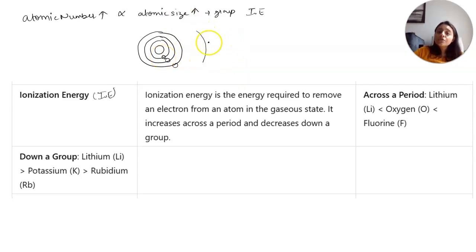As you increase the shells, because atomic number is increasing, atomic radius is also increasing. As you keep on increasing the electronic shells, the radius will get bigger, from the center of the nucleus to the outermost shell. Now the energy which is required to remove this electron becomes less, because the hold of the nucleus is less on the last electron shell.